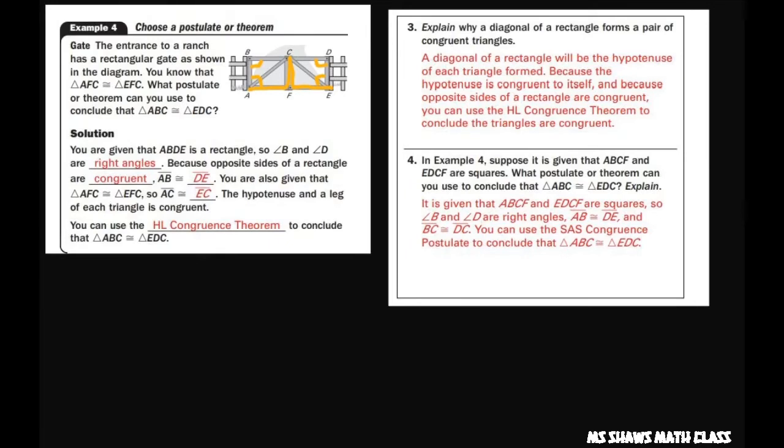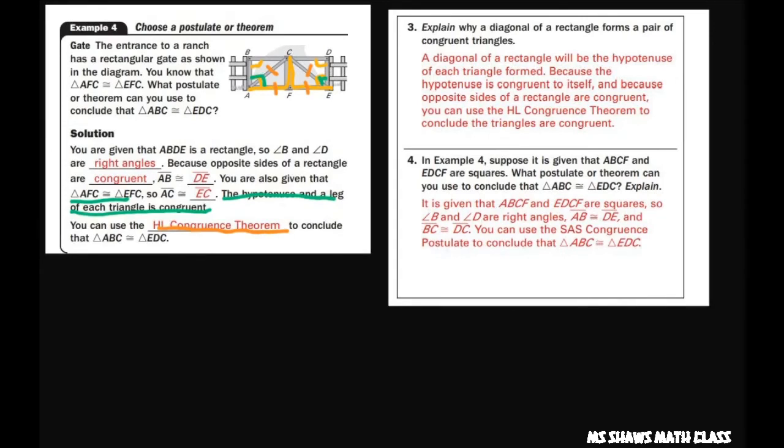So we know it's a rectangle, so we know that angles B and D are right angles. And opposite sides are also going to be congruent. The hypotenuse and the leg of each triangle are congruent. So we're given that the triangles are congruent, so we know that these two are congruent and the leg is congruent. So that is your hypotenuse leg congruence theorem.